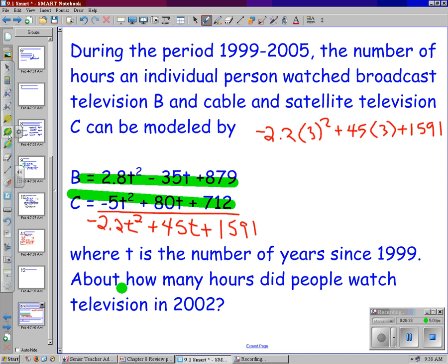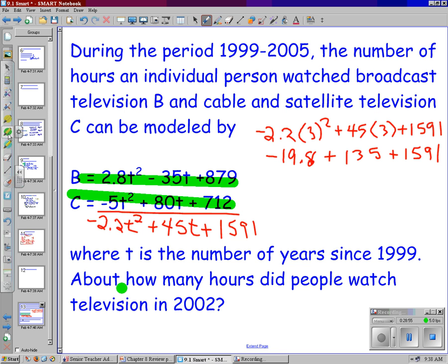I hope you have your calculators, because I know 3 squared is 9. I need 9 times negative 2.2. Negative 19.8. And now I need 45 times 3. 135, plus 1591.